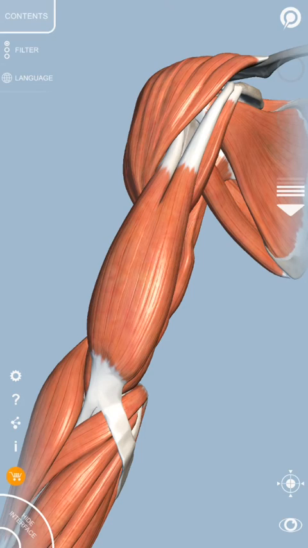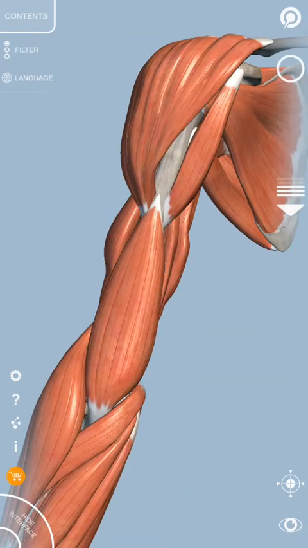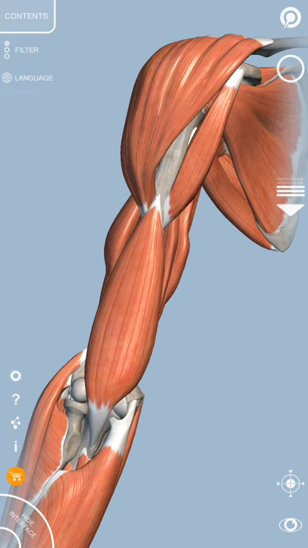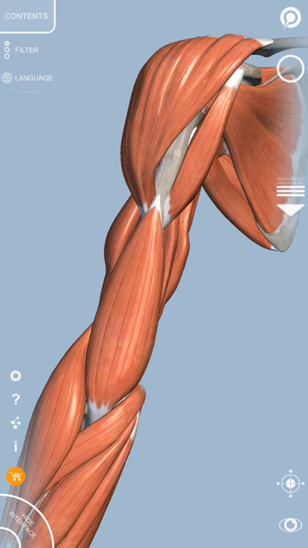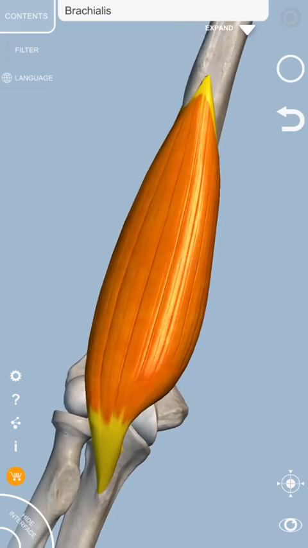The other muscle is brachialis. Here we can see this is brachialis. Just focus on the name, brachialis.